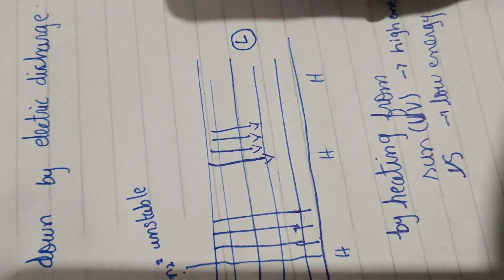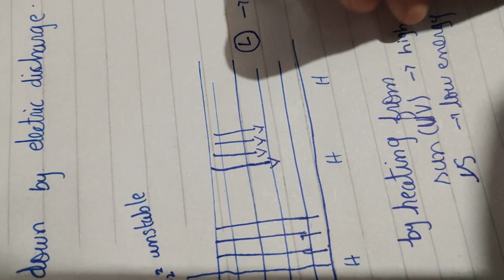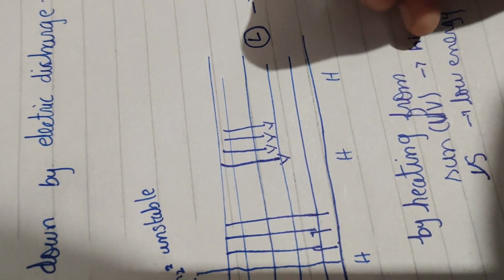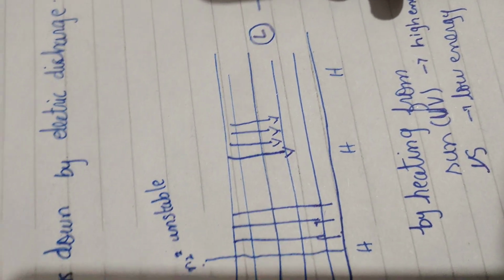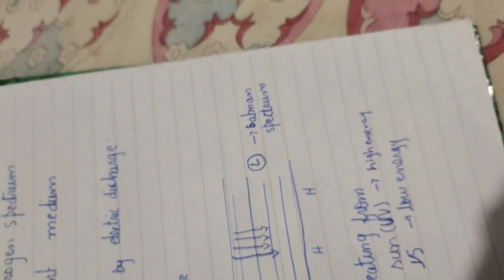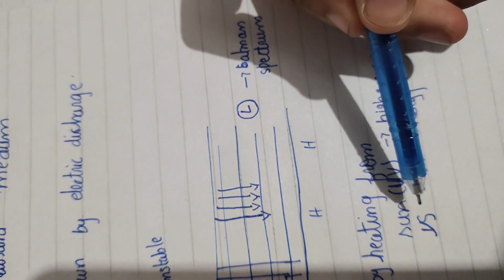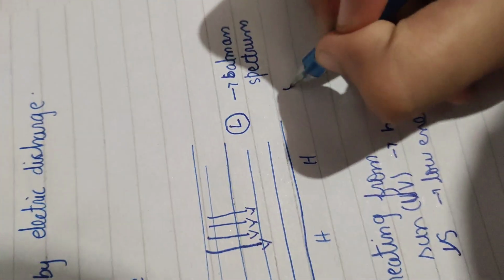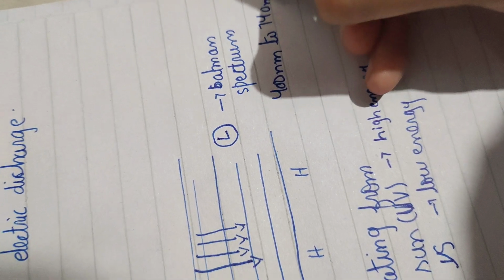And this series is known as the Balmer spectrum. This series of hydrogen is in the region of visible light, with a wavelength of 400 nanometers to 740 nanometers.